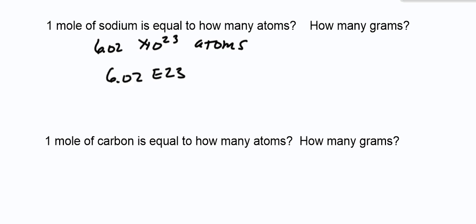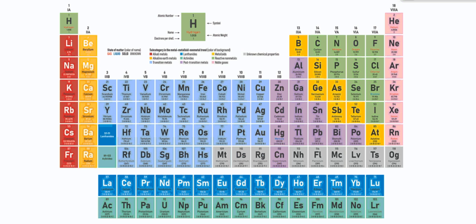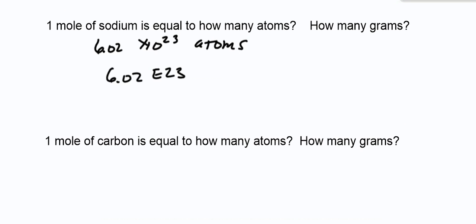So what's that equal to in grams? Well, we have to go visit our bakery. Our bakery is the periodic table, and we've got to look it up, just like we did in the bakery. Well, that's 22.9898. So the amount of grams is 22.9898 grams.